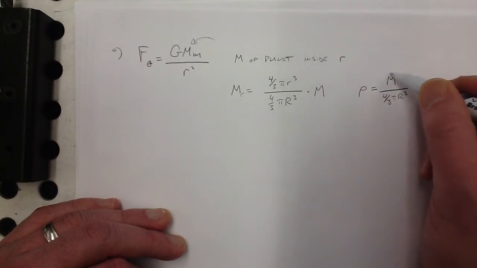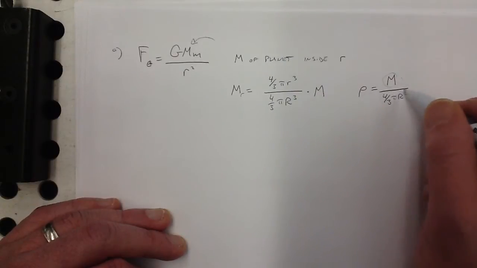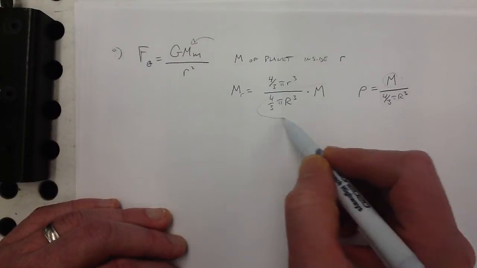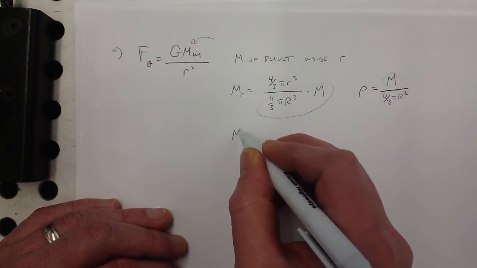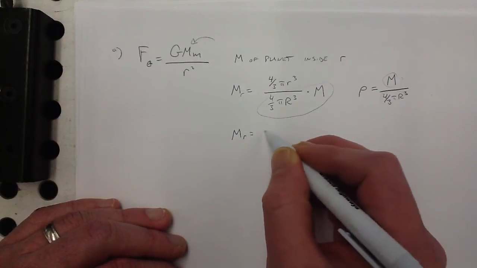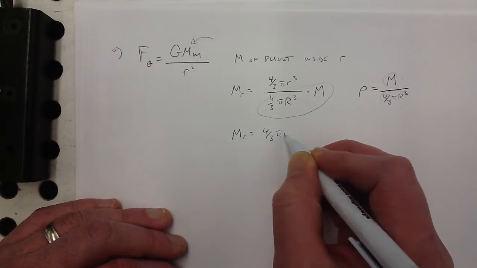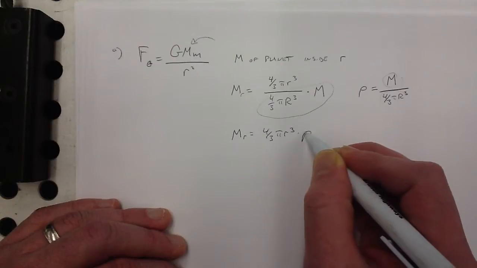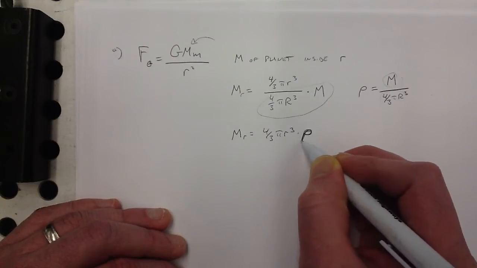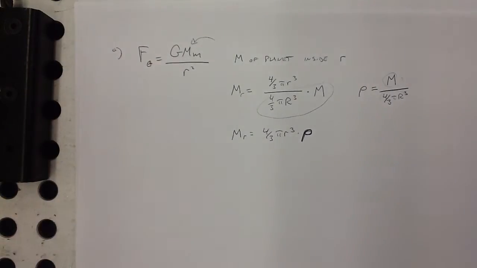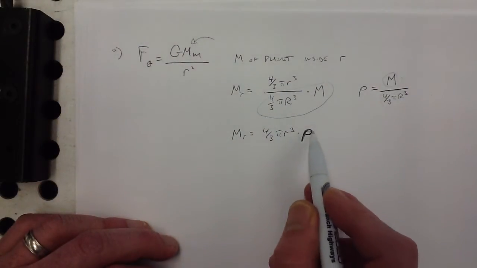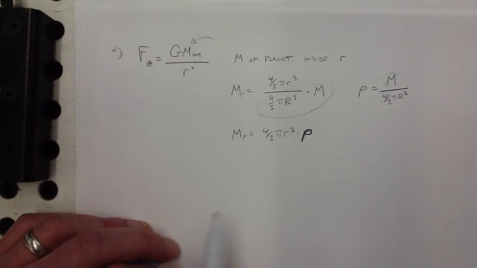The density of the whole planet is the whole planet's mass over the whole planet's volume. So the mass inside r is 4/3 π r cubed times the density, which should make sense. That's how much volume we actually have times density. Volume times density gives you mass. So that's another way to think about that.